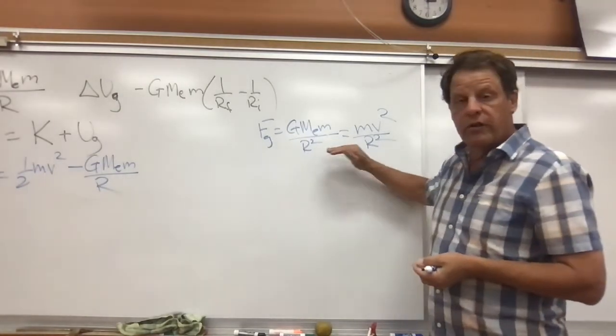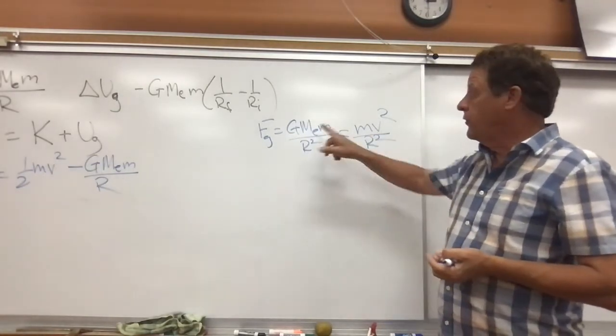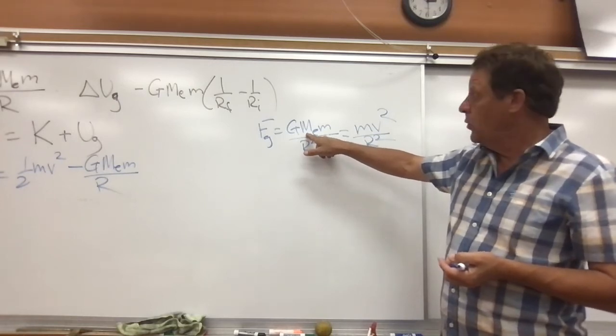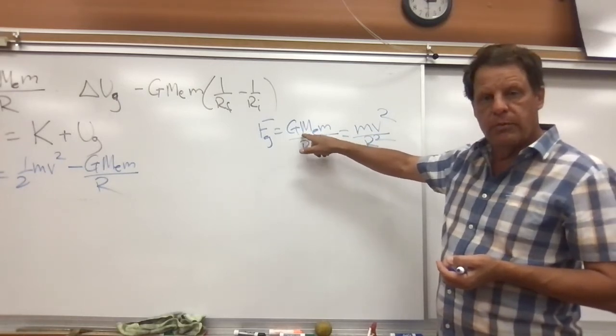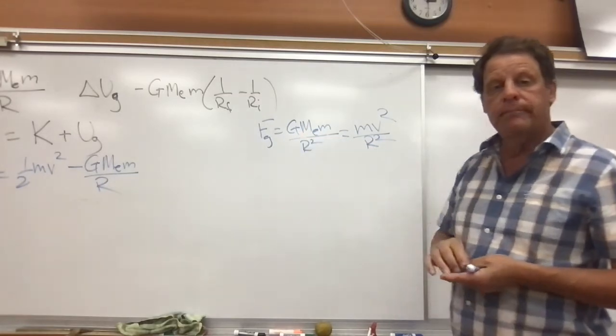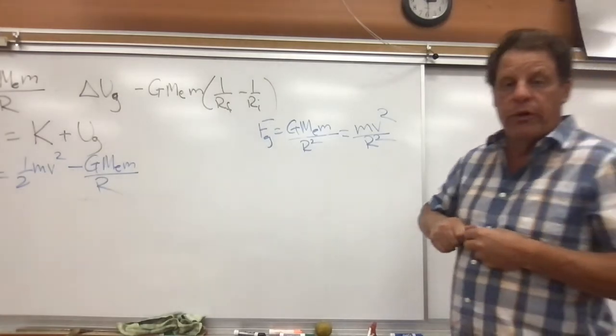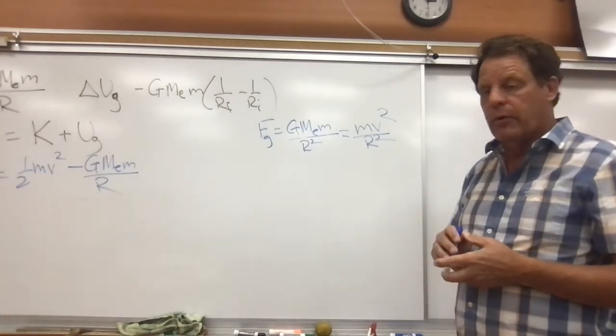Now, we already saw this concept twice. The first time, I think it was lecture number 1, we used this concept to determine the mass of the Earth, which we ended up with about 6 times 10 to the 24th.